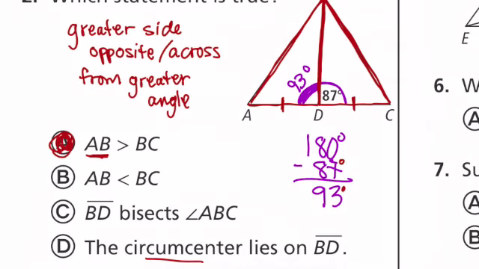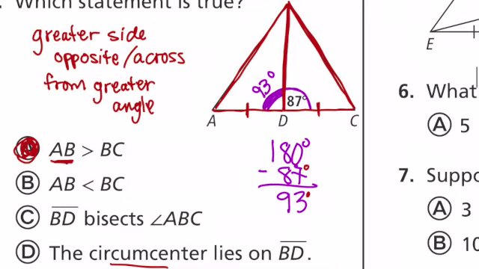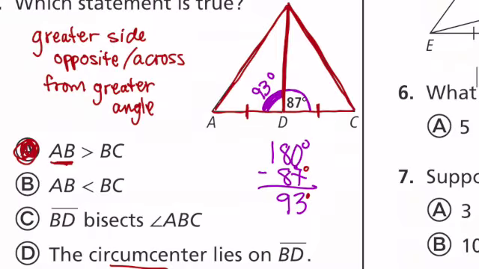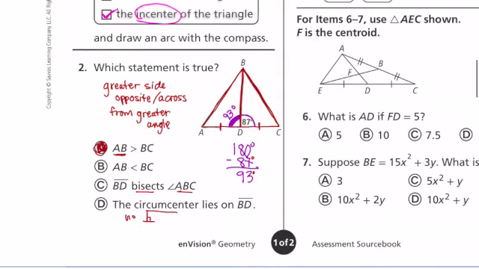I did talk about circumcenter, but we didn't need a circumcenter, right? I didn't ask anything about the circumcenter. In fact, circumcenter has to do with perpendicular stuff, and there's nothing perpendicular on this, so I'm going to put no perpendicular. And then bisecting, this bisected the angle, but not the side. So that one's for sure not true.